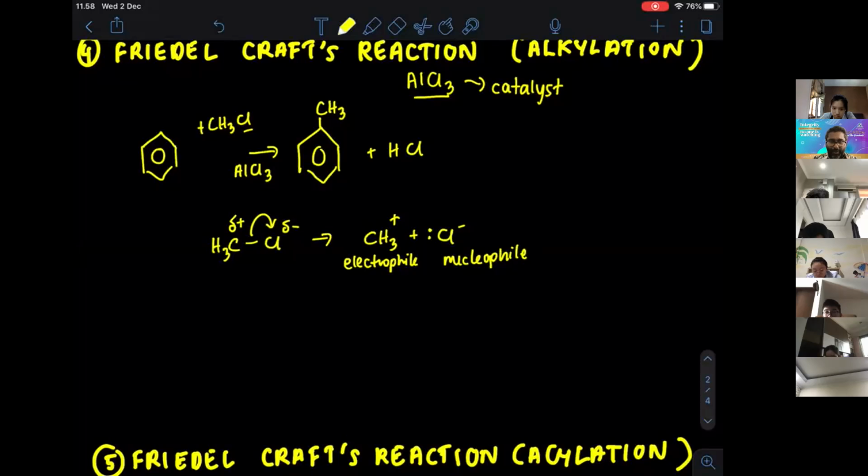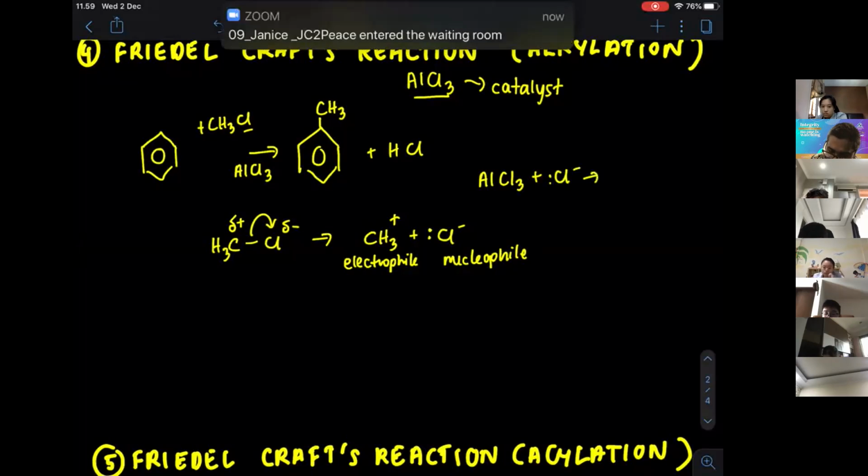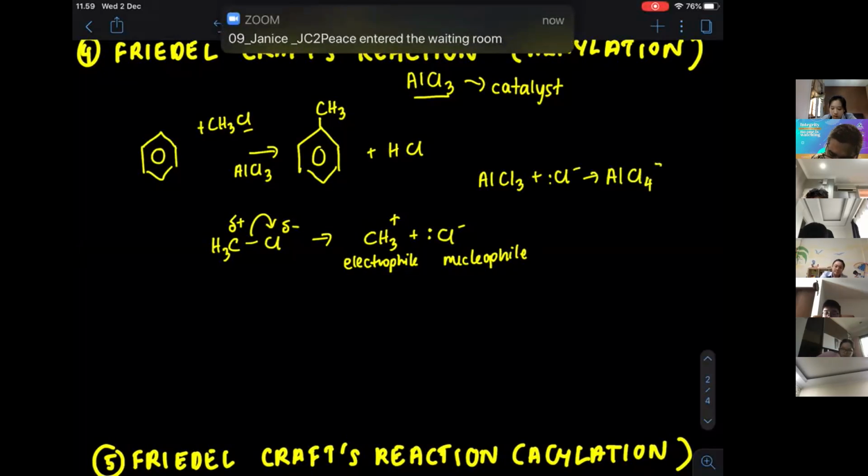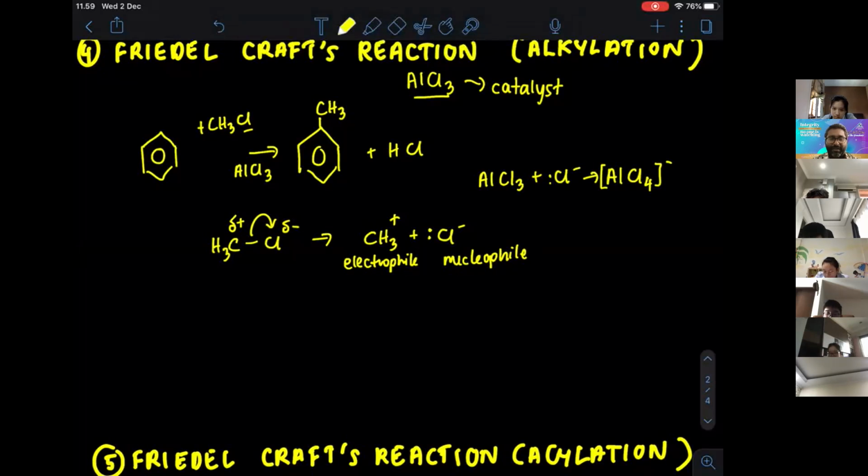Generally, this CH3 plus will attack the benzene. How about the Cl minus? Similar to just now, AlCl3 is going to combine with the Cl minus and give you AlCl4 minus. So the catalyst is going to work this way. They are going to form CH3 plus, and that's going to be our electrophile.